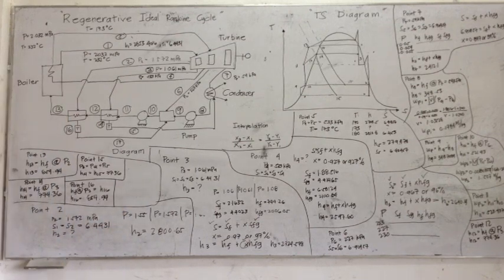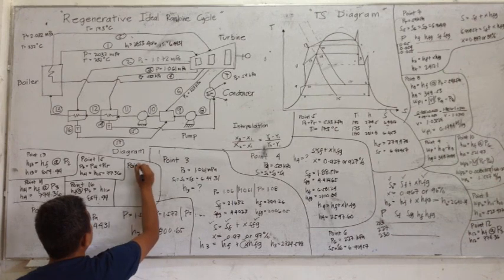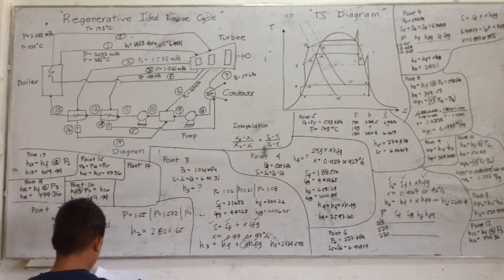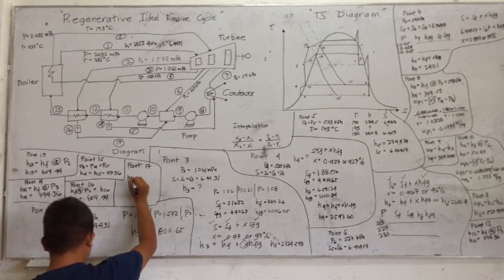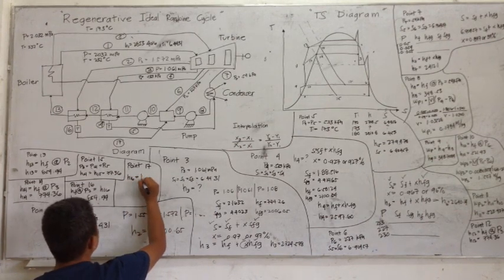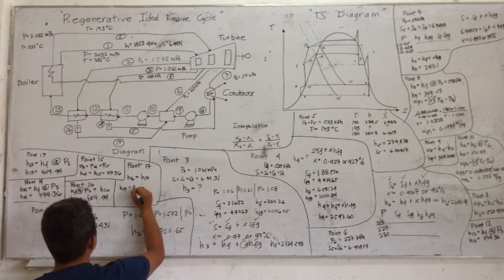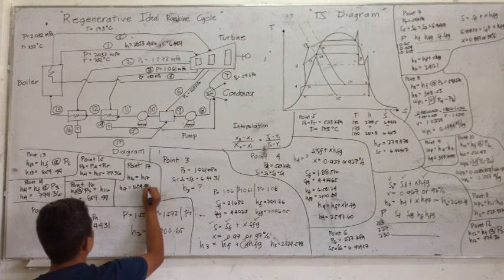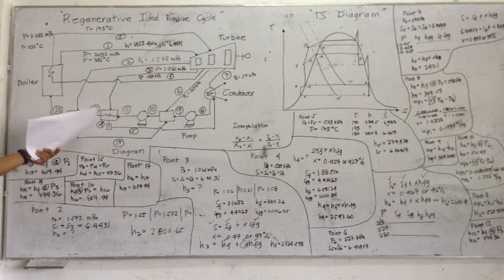Now at point 17, what came from the trap goes into the open feed water. We can directly say that H16 is equivalent to H17, so H17 is equal to 854.94, because it is the same pressure we used at point 2, point 16, and point 17.